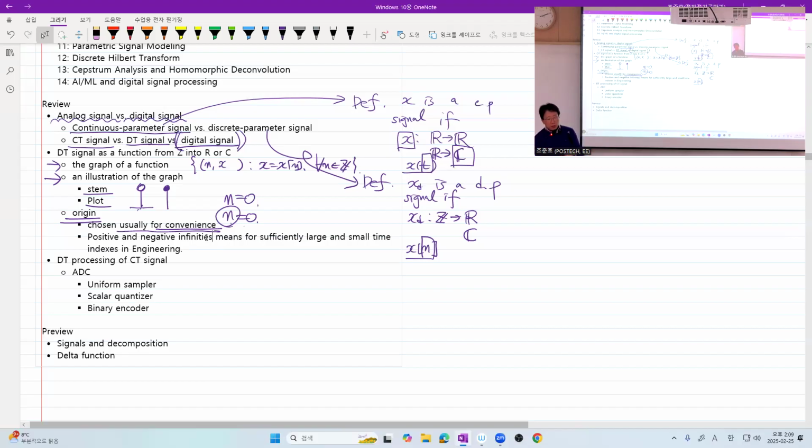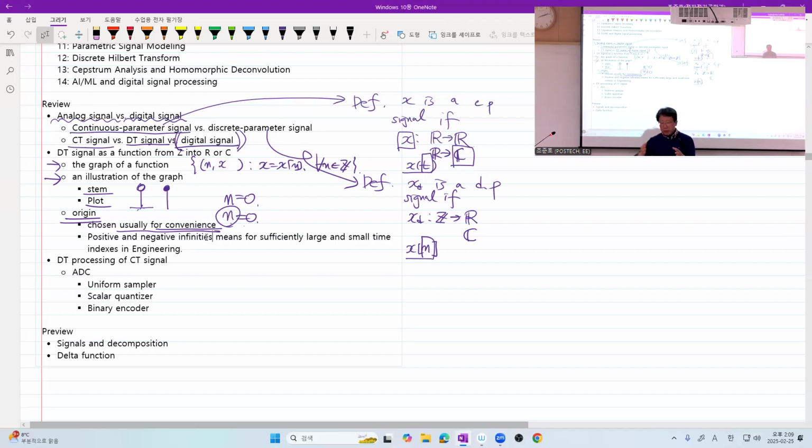Got it? So don't be too rigorous in dealing with these positive and negative infinity. One of the reasons why is that before, most of the digital or discrete time systems had a very small number of memory components.